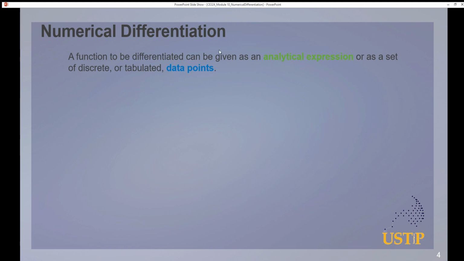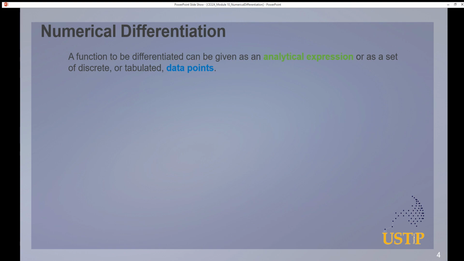A function to be differentiated can be given as an analytical expression or a set of discrete or tabulated data points. What does this mean? When you say analytical, it's a mathematical expression, a well-defined equation. Say x cubed or sine x or e to the power of 2x.